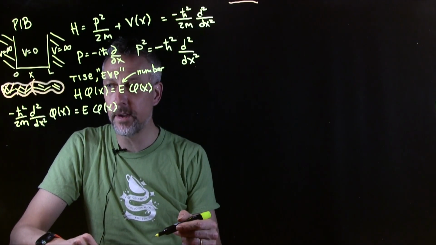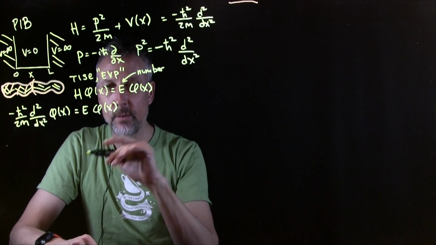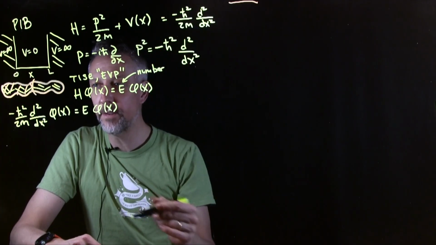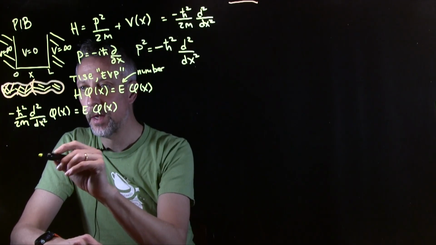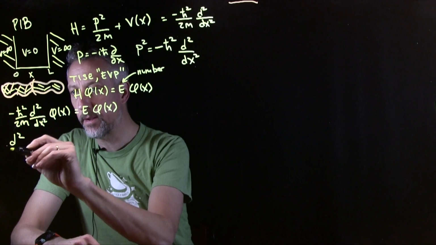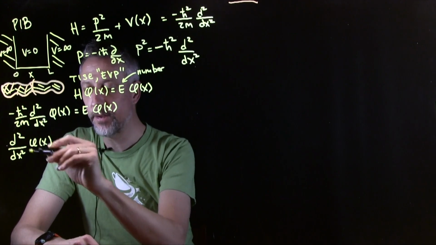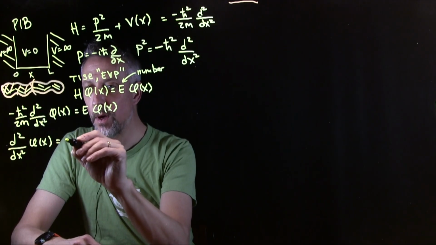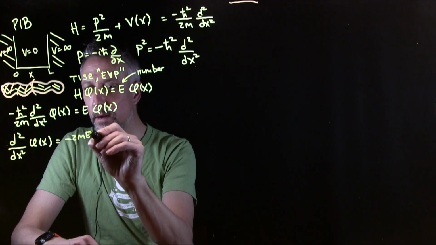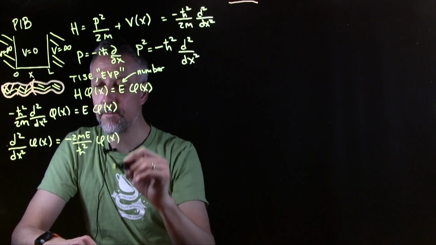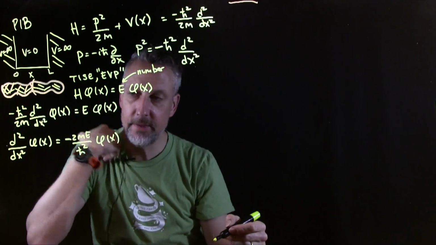First thing that is convenient to do here is to write this in the way a mathematician would do, which is to stop all these ugly constants here and just move the constants over. And the way we're going to do that is just write this. All right, so we have the second derivative of phi is equal to minus 2mE divided by h bar squared times phi. All right, so just simple algebra. And then we notice something about this.